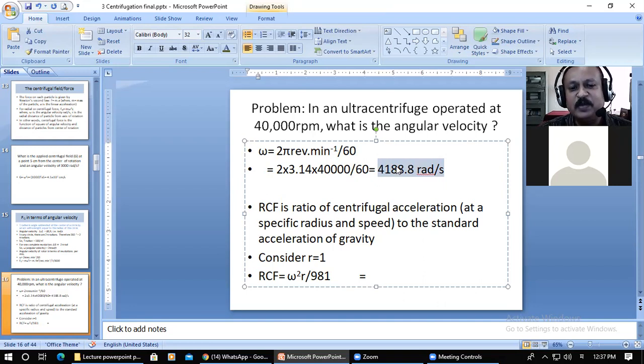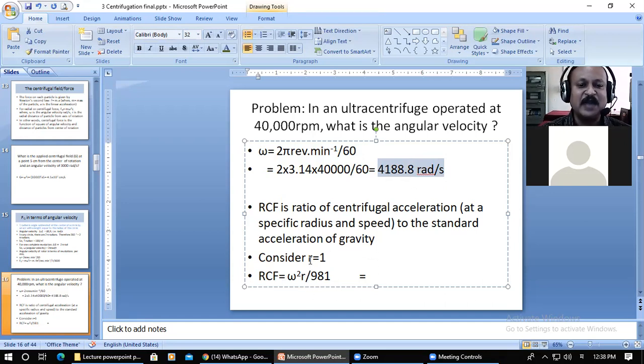Now, if the same answer, 4188.8 radian per second, is to be written in terms of g, the gravitational acceleration, we just divide by 981. So RCF is equal to omega square r divided by 981. Omega square is this number squared, so 4188.8 square multiplied by r.